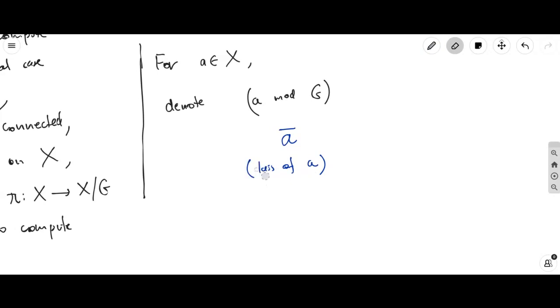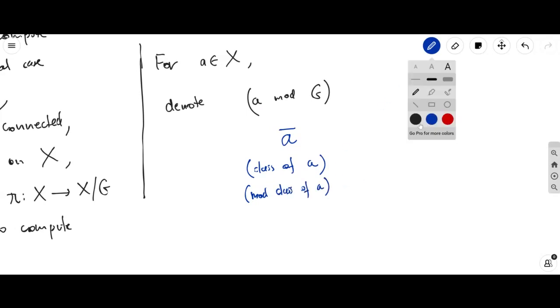This is not a homotopy class. That makes no sense. Homotopy classes are for paths. That's not a path, that's a point. So you can call this a mod class of A. So how is this defined?